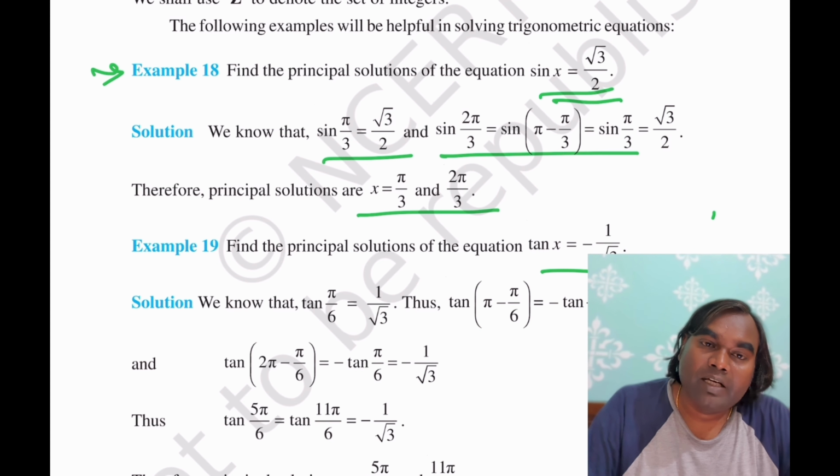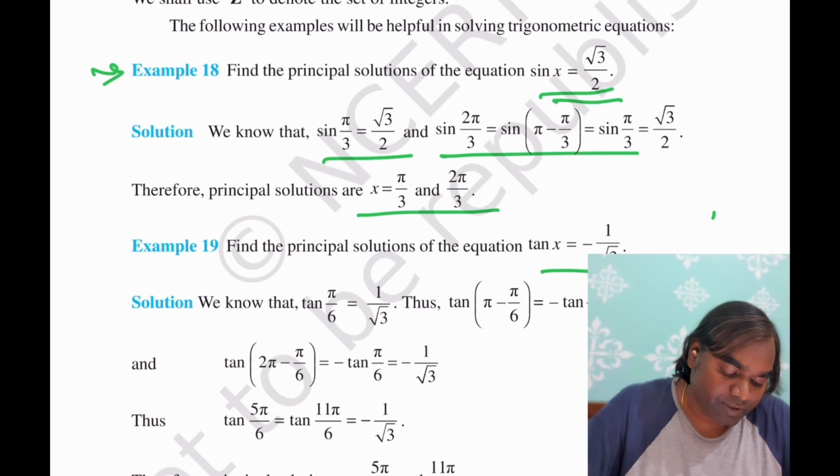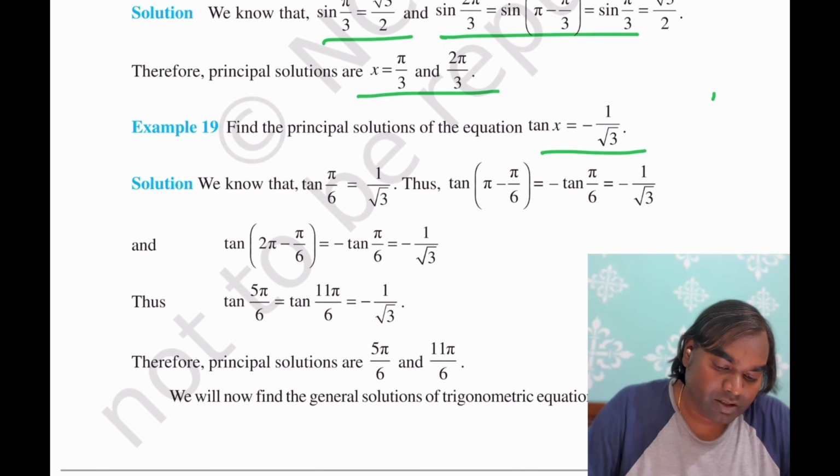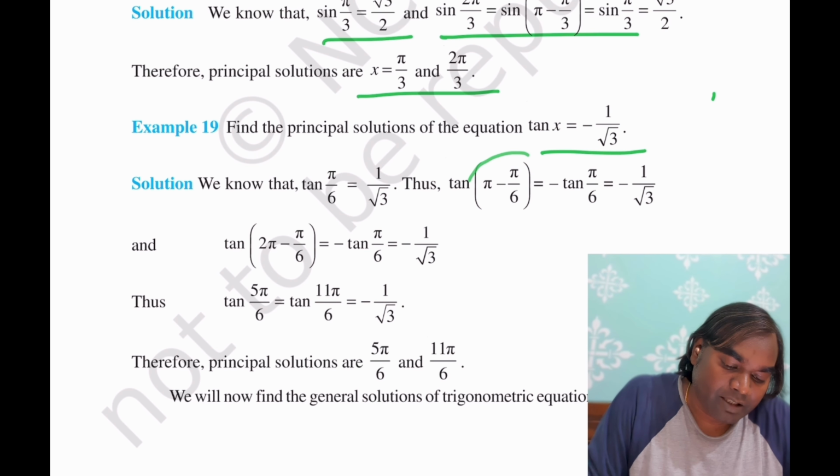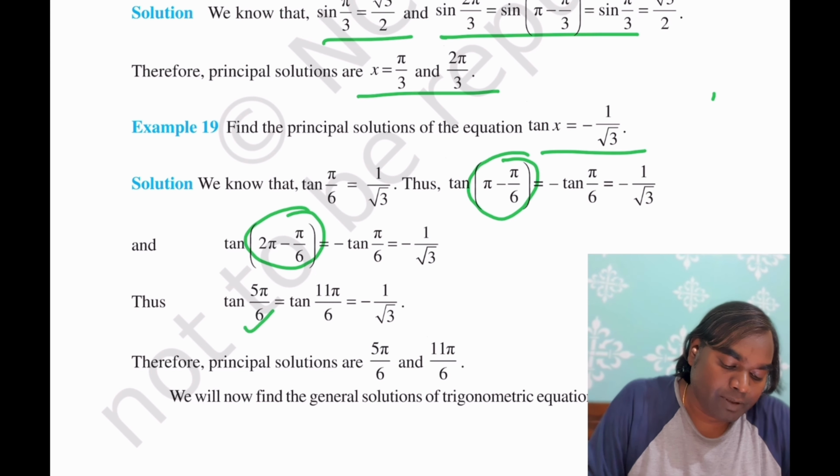Again, tan(2 pi - pi/6) is also negative, minus tan pi by 6, equal to minus 1 by square root 3. Therefore, we get two values, pi minus pi by 6 and 2 pi minus pi by 6, that is 5 pi by 6 and 11 pi by 6.